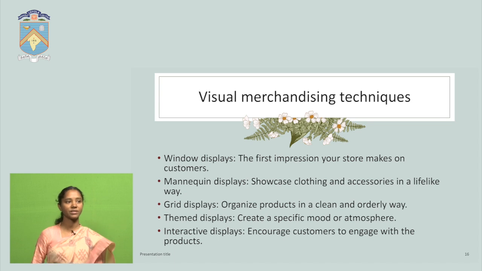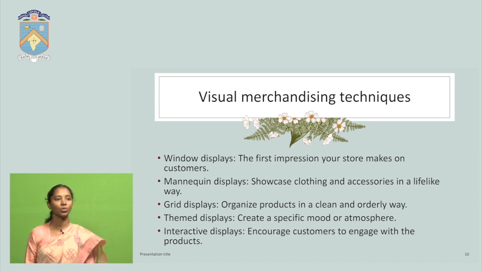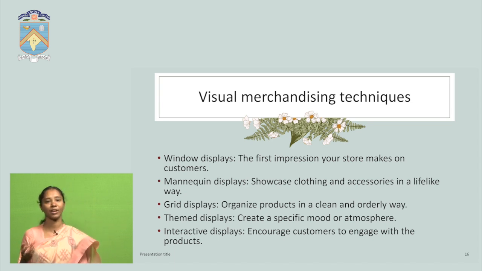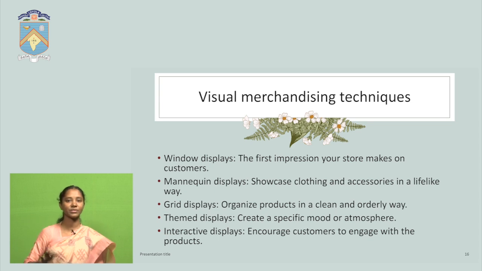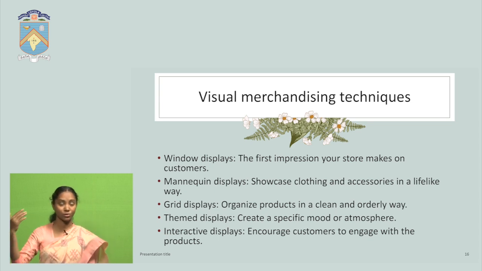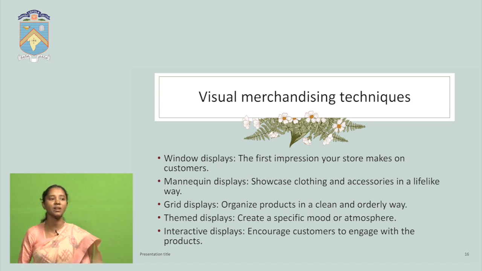Mannequin displays showcase clothing and accessories in a lifelike way. By seeing a mannequin, the customer has an idea that this dress is suitable for our kid, or this dress is suitable for our mother, and the customer will make some decisions based on that.